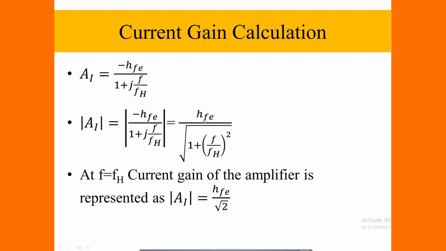It has only hfe by the complex term, written in the form of root of 1 plus f by fH whole square. Later, if the applied frequency is equal to the upper cutoff frequency fH, then the current gain of the amplifier is represented as hfe by root 2.